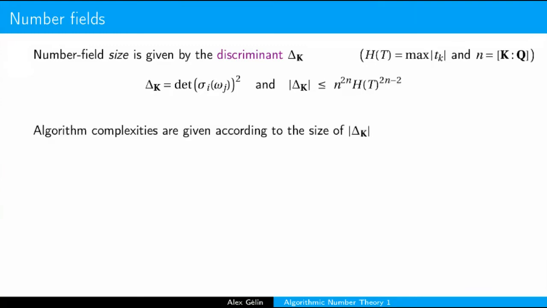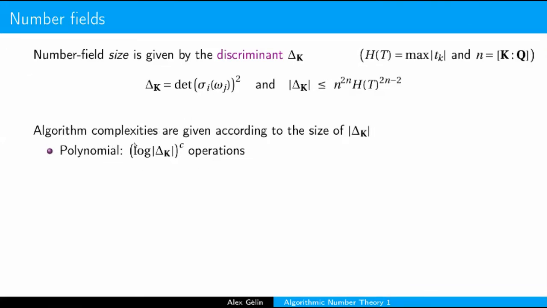Of course, I will use this size, the discriminant, to give the complexities of the algorithms. And if you are not really familiar with complexities, I will just give a really brief outline. You say that the complexity is polynomial when it's polynomial in the size of the discriminant.